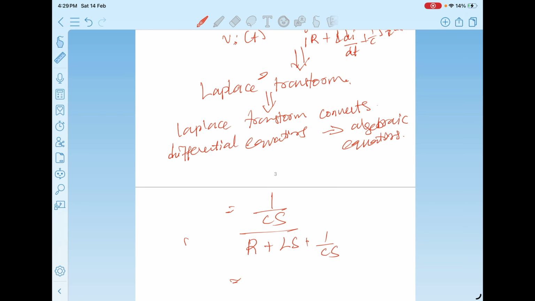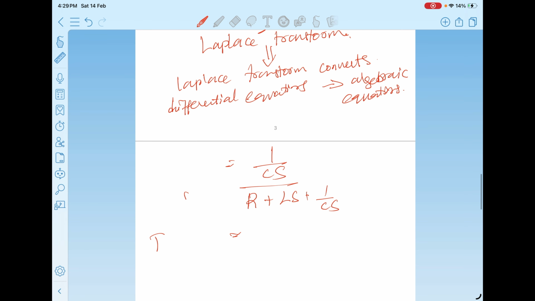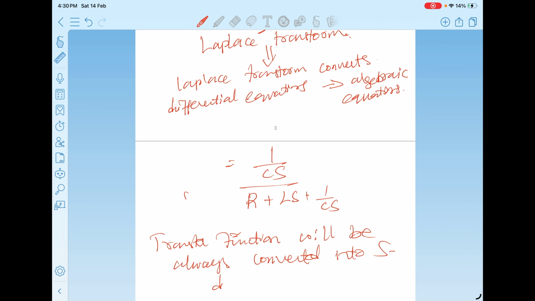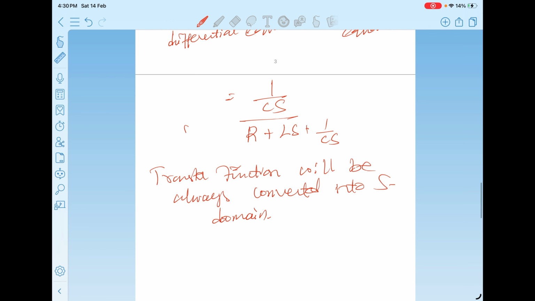So this is the reason the transfer function is always converted into S domain. So this is one important concept.